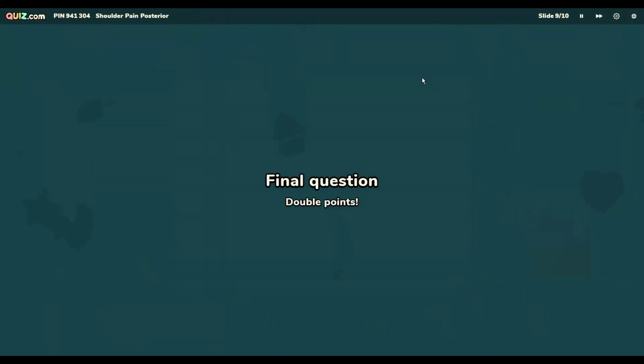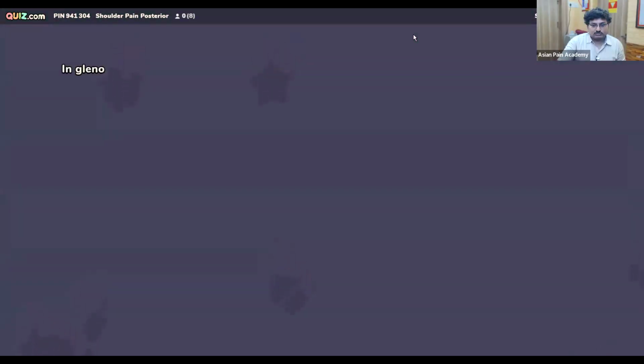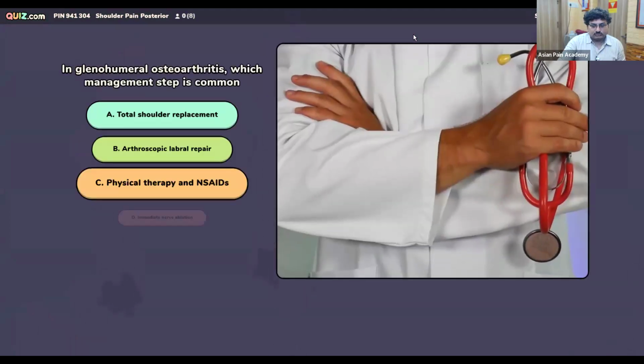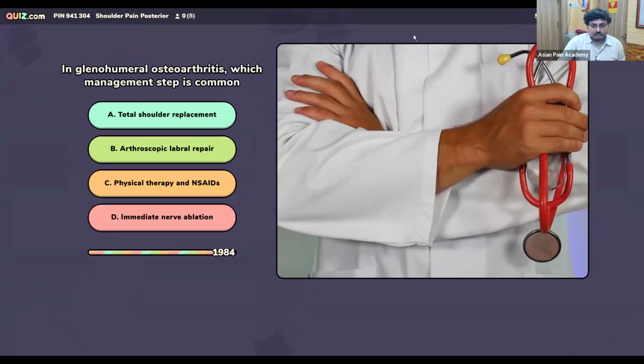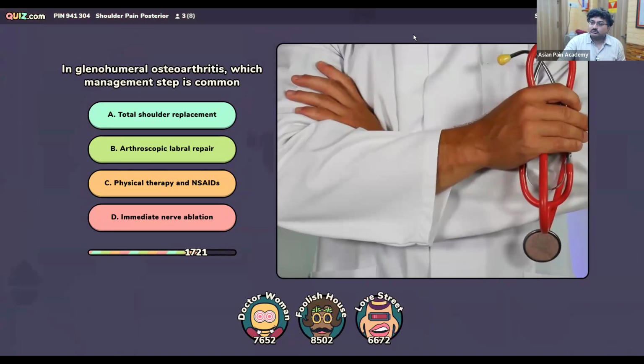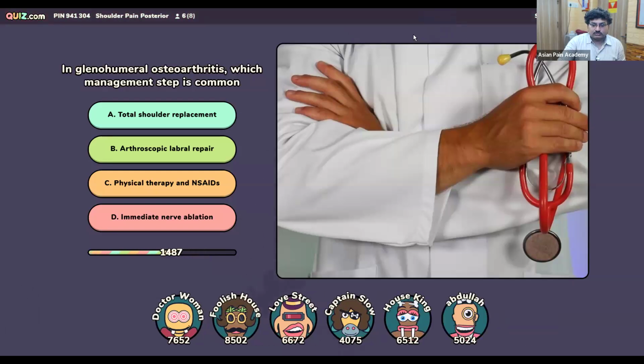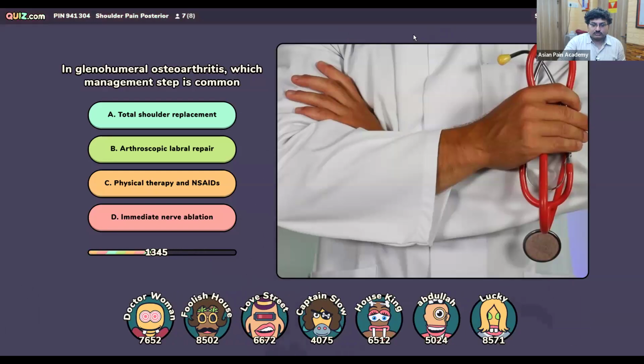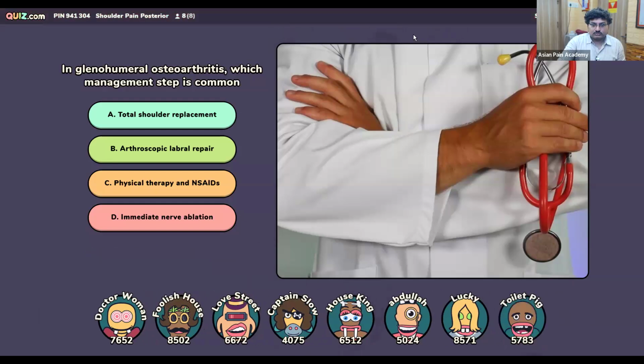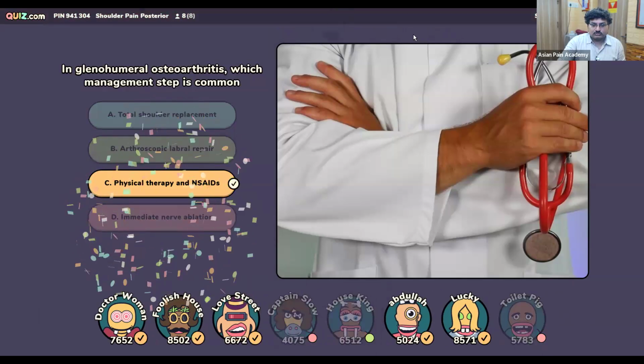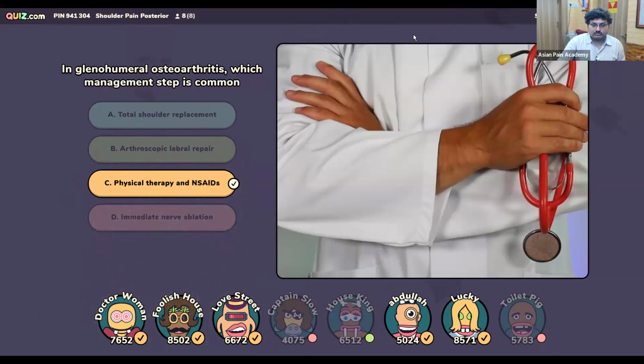Final question, double points: in glenohumeral osteoarthritis, which management step is appropriate? Physical therapy and NSAIDs.